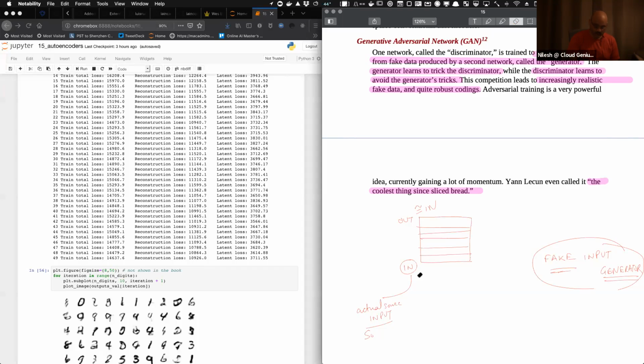I'll erase that. I think I should draw this a little differently. So in the input, you can feed it actual data from the actual source, or you can feed it fake data from fake sources. And fake sources can be generated.